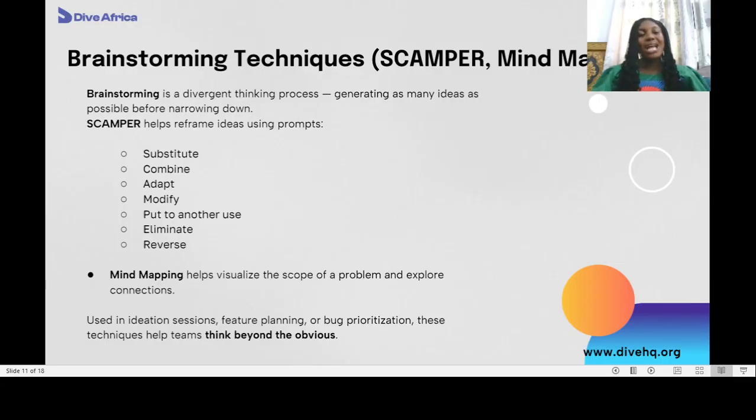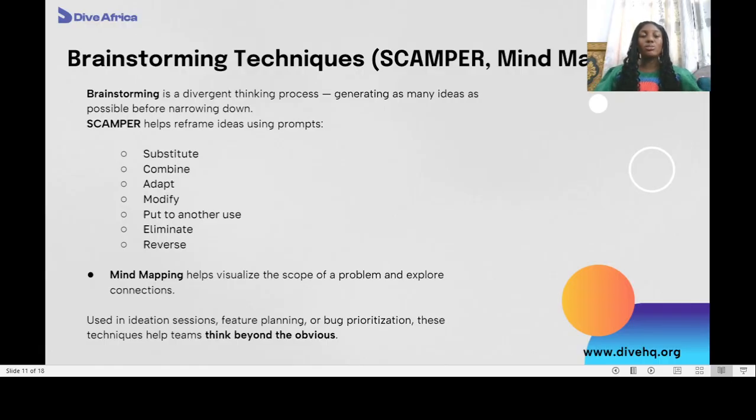Let's move on. Mind mapping. Mind mapping helps visualize the scope of a problem and explore connections. It is used in ideation sessions, future planning or bug prioritization.